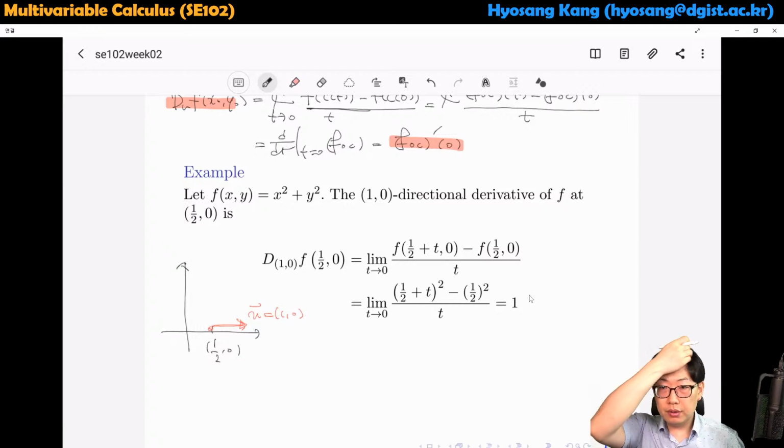So the question is, is D_u f a scalar or a vector?